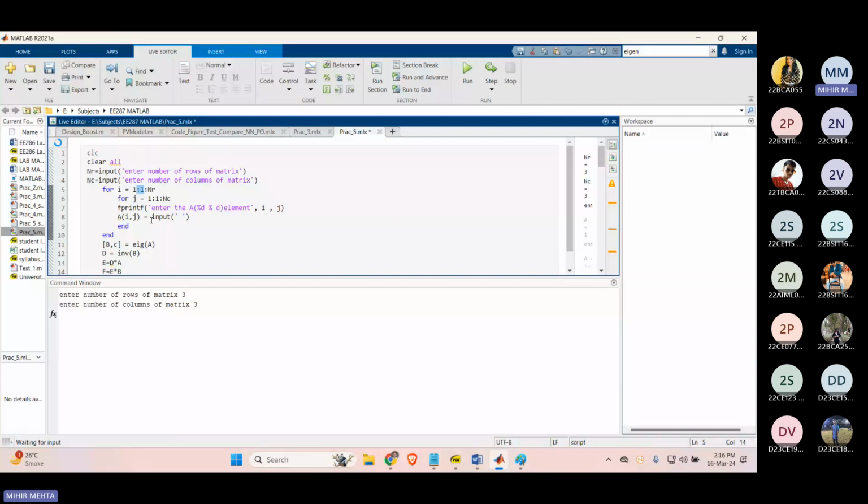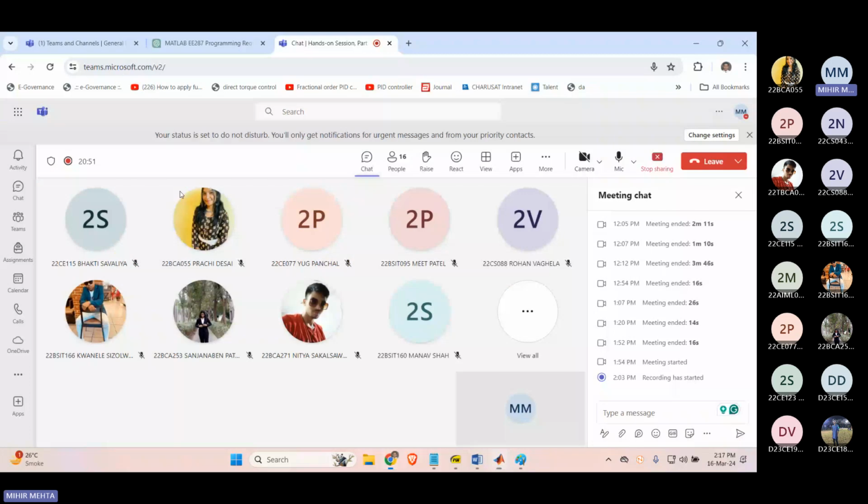So even if I write 1 colon NR, it would increment by 1 itself. But this is just for your understanding that we have placed this colon 1 extra. Is this clear? Am I making sense? Any doubt so far? Now we are entering into the loop. If anyone has any doubts, please ask, or else we'll start the looping part.